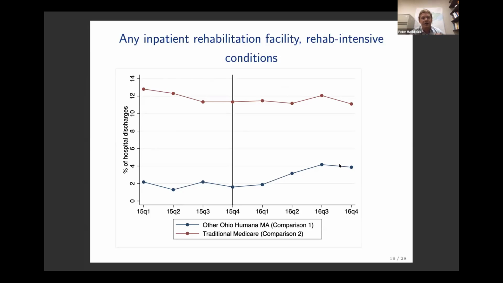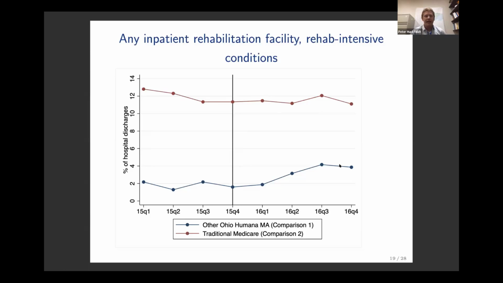The red line shows use of inpatient rehab by traditional Medicare enrollees. You see that the percentage of traditional Medicare enrollees using inpatient rehab facilities is much higher than Medicare Advantage enrollees, and this is pretty consistent with cross-sectional evidence from prior work.